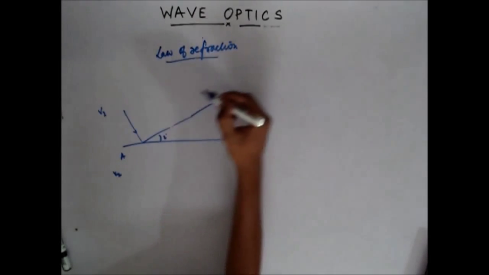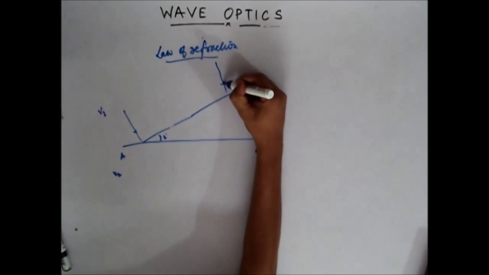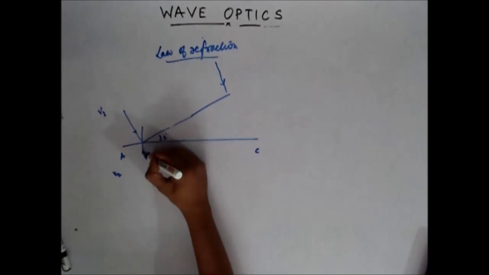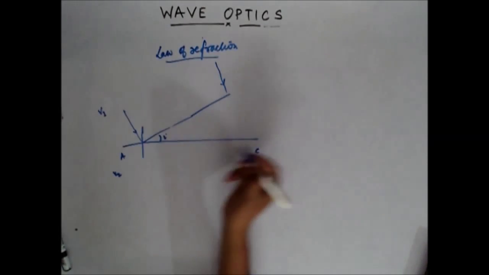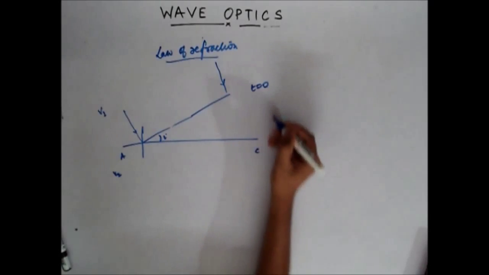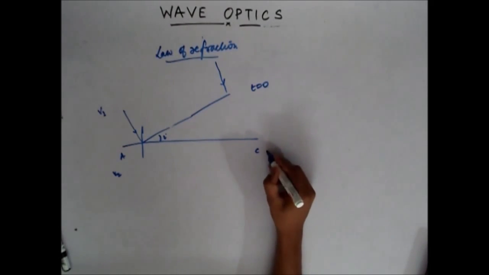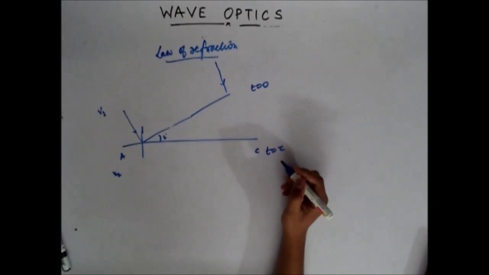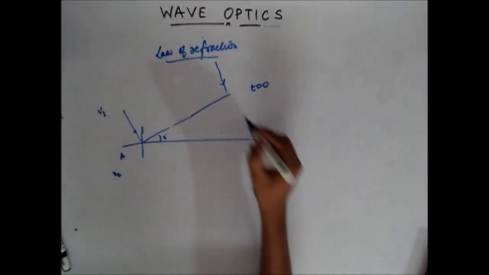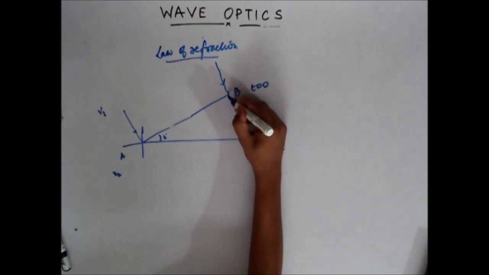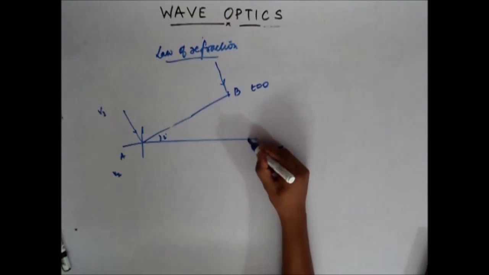Now I need to determine the shape of the wavefront at time t equal to 0, and then at time t equal to tau, which is the time at which this point reaches here.